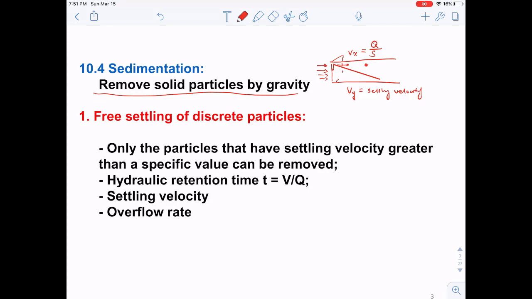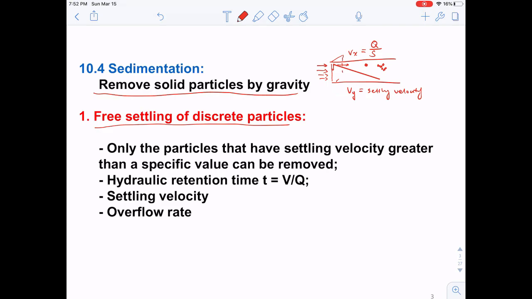The particles in the water are very unlikely to be spherical. And at the same time, the flocculation process will create a lot of particles that form aggregates, right? They will not have a regular structure, regular shape. So basically this free settling of the discrete particle is the most simple mechanism of particle settling.